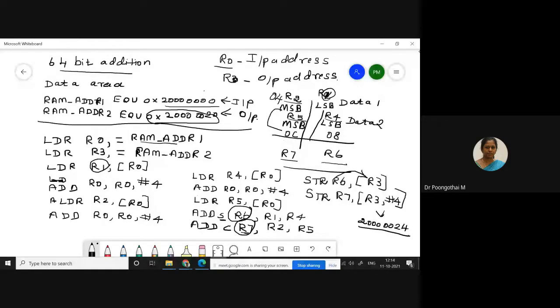In that case, your R3 is pointing to 0x20000024. Okay, end the program. So 0x20 holds the 32-bit LSB answer and 0x24 holds the MSB answer.